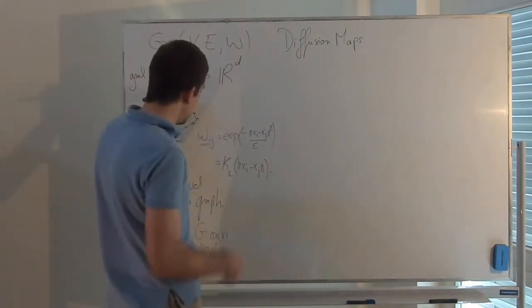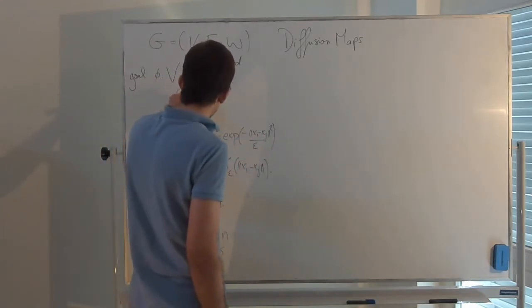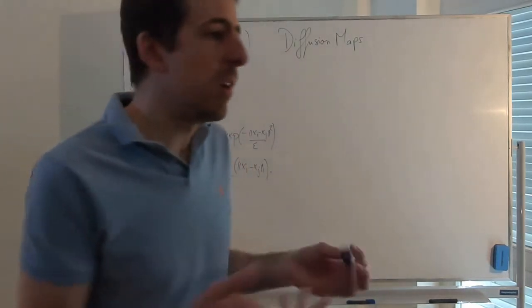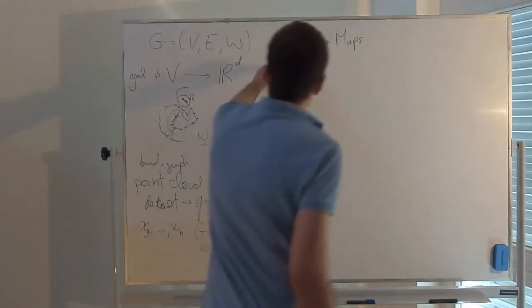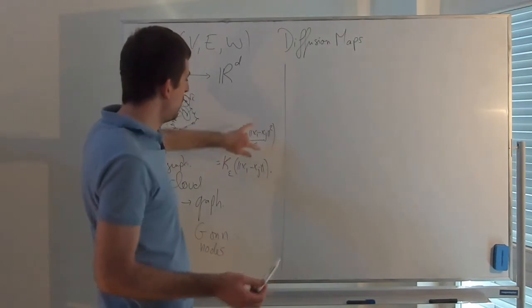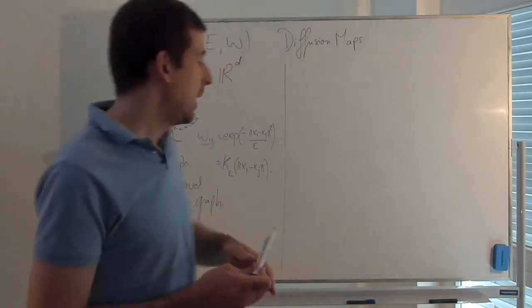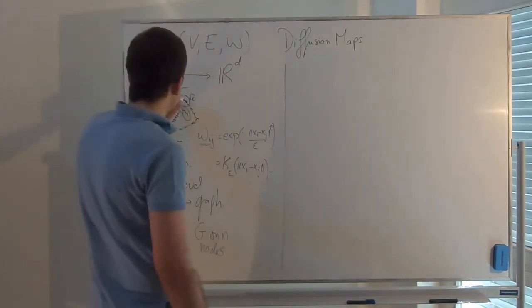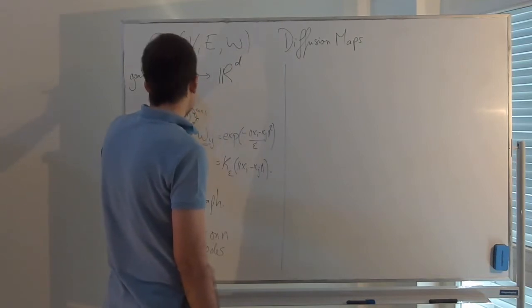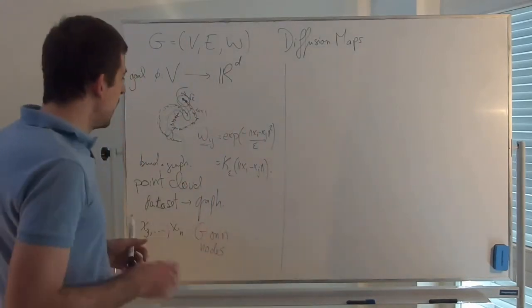The idea being that, because of this scaling, you're only going to get points that are at a distance of about square root epsilon. If something is at a distance much bigger than square root epsilon, then this will be the exponential of minus something very large, and so you won't see it. These will be very small, and these ones will be on the scale of 1. And so effectively you're capturing something like this, and then we have a graph.